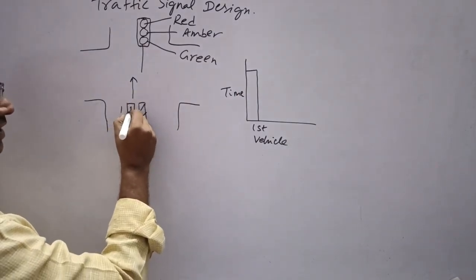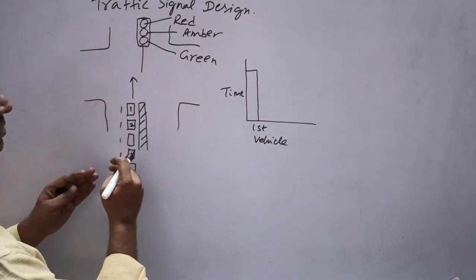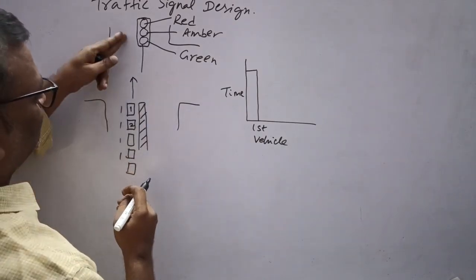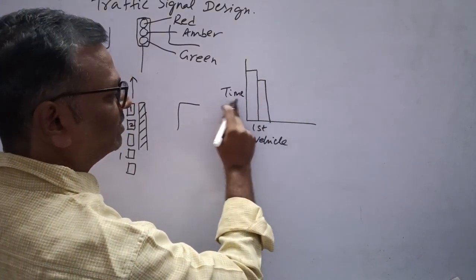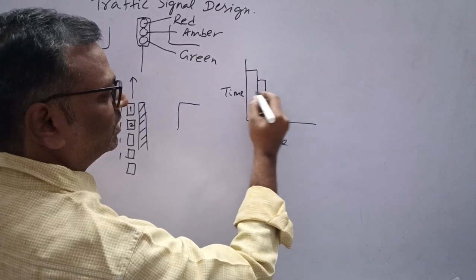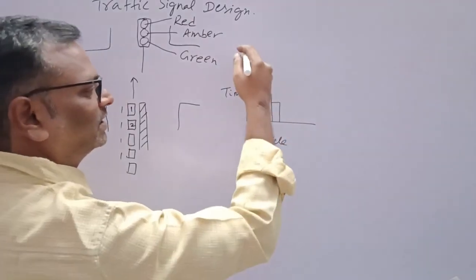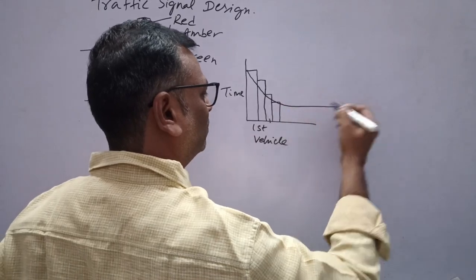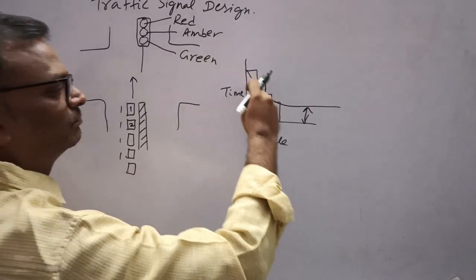What happened to the second vehicle? This time will get reduced. So the starting time to clear this area for the next vehicle will come down. And similarly for the third vehicle and fourth vehicle, and then it reaches smooth movement of all the vehicles, right?